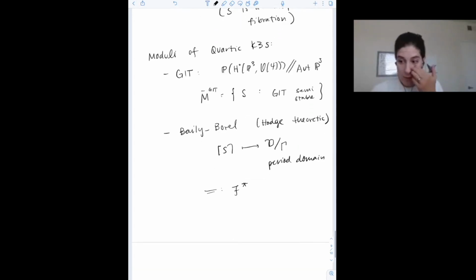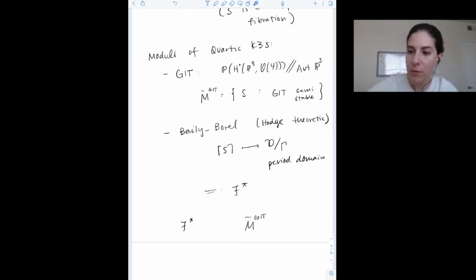And from the global Torelli theorem, the generic surface in the GIT moduli space does have Duval singularities. So these two are certainly birational, and usually perhaps one would consider the map going in the other direction.